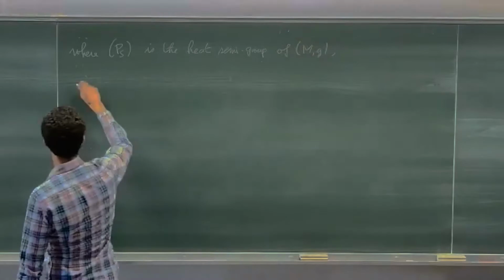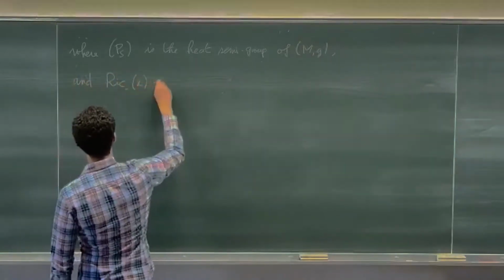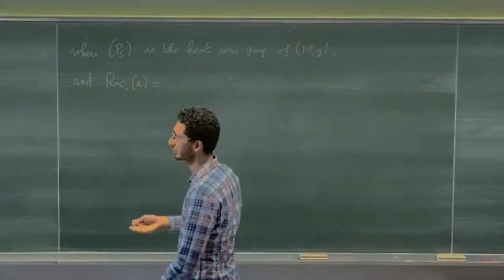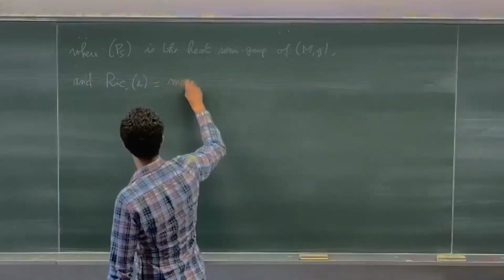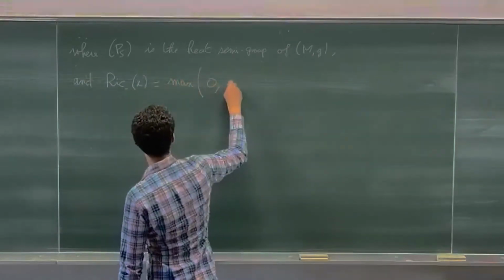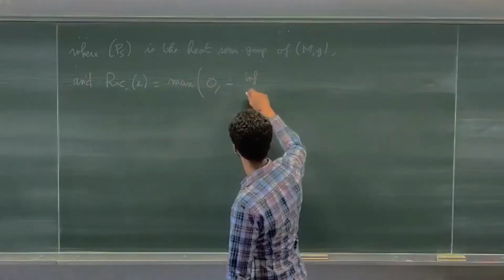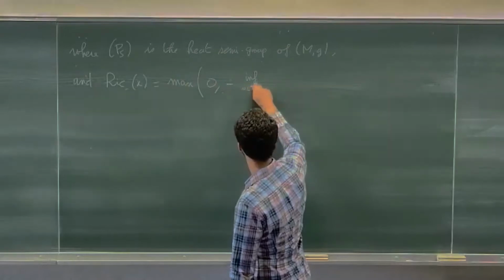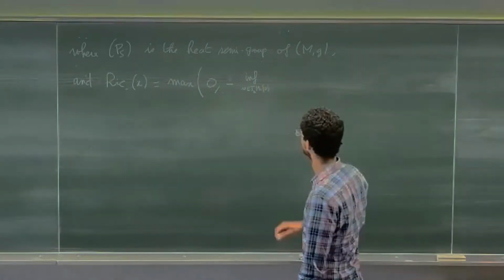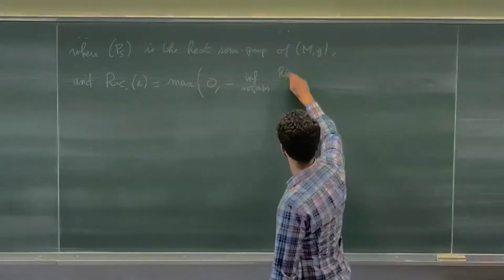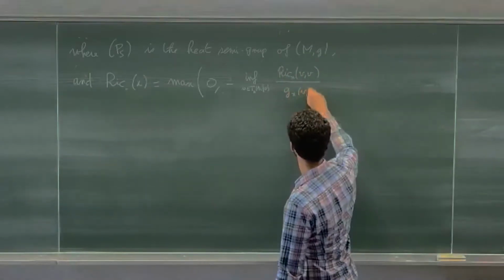And Ricci minus is the negative part of the highest lower bound on the Ricci curvature: at a given x, you take the infimum over all non-zero vectors in the tangent space of M at x of the quantity Ricci(v,v) divided by |v|^2.